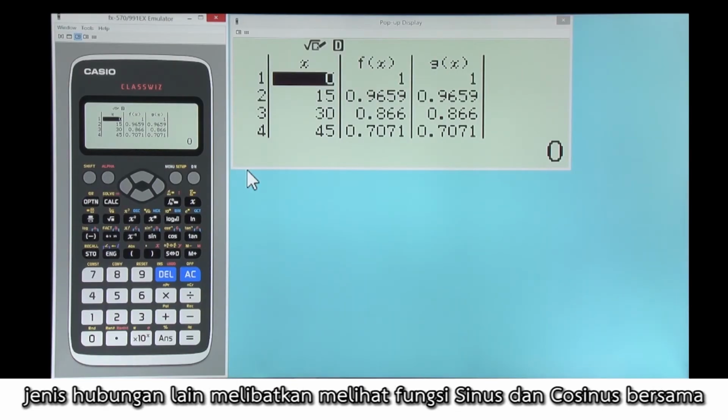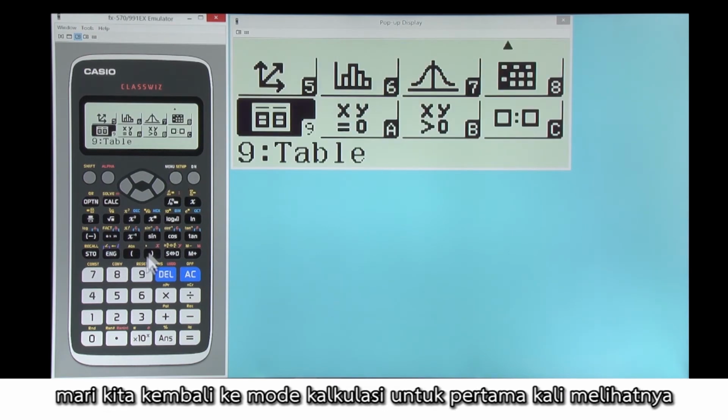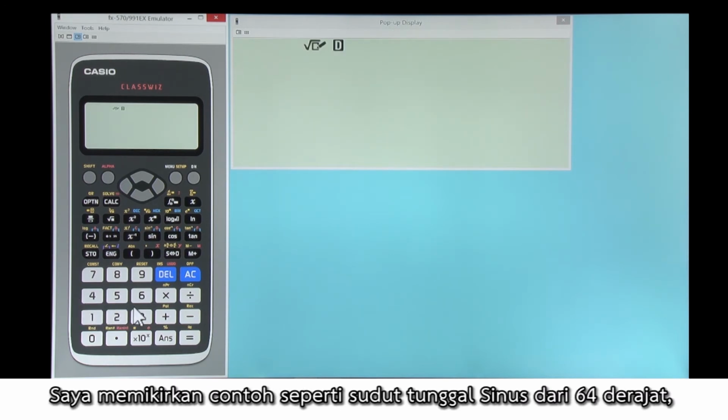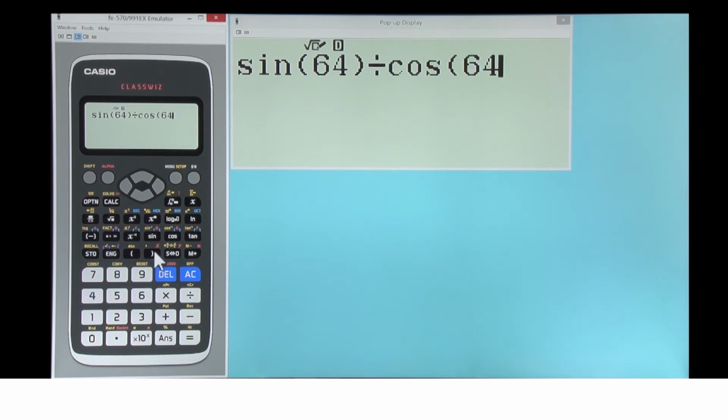Another kind of relationship involves looking at the sine and the cosine function together. What happens when the sine of an angle is divided by the cosine of the same angle? So let's move back to calculate mode to have a first look at that. Think of an example like the sine of 64 degrees divided by the cosine of 64 degrees.